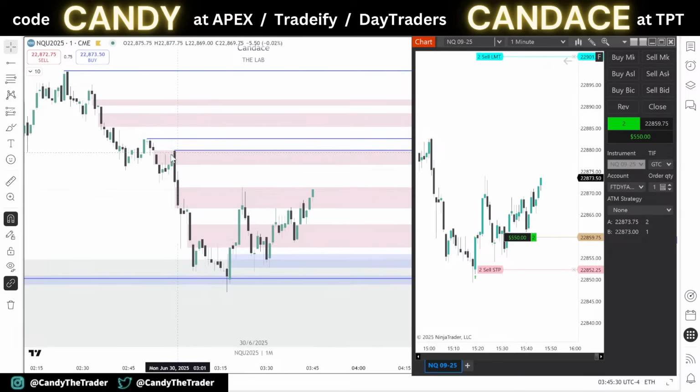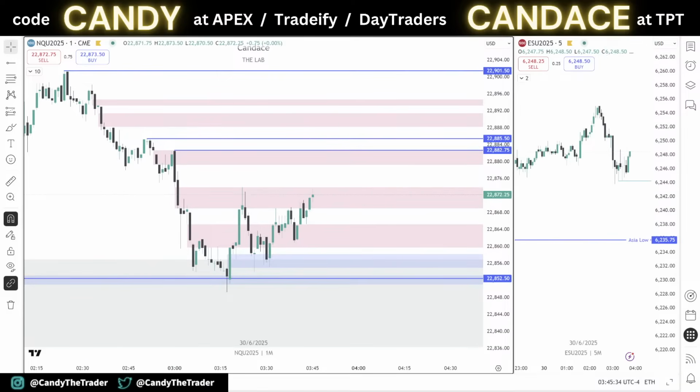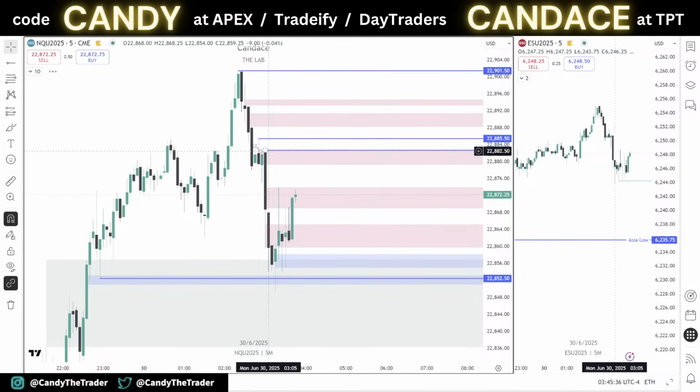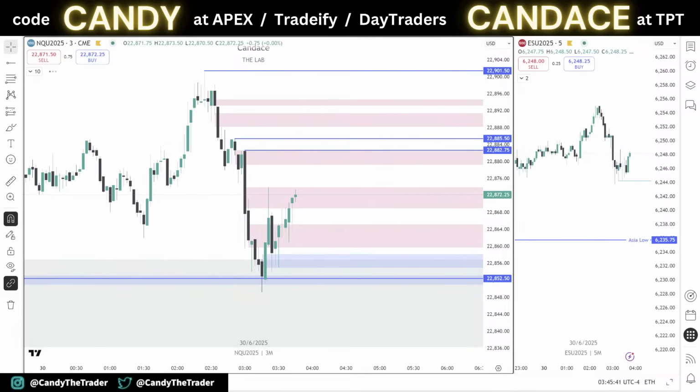Once again, price can retrace here because we've got a 5-minute bearish order block here. You guys see that? And also a 3-minute one.